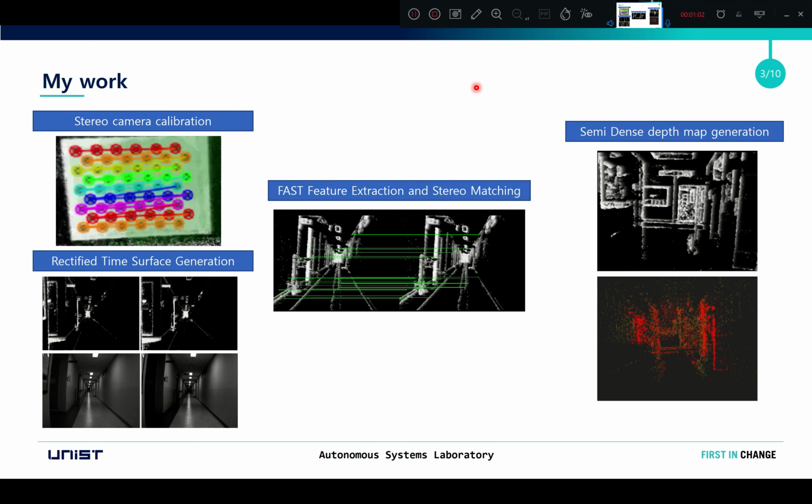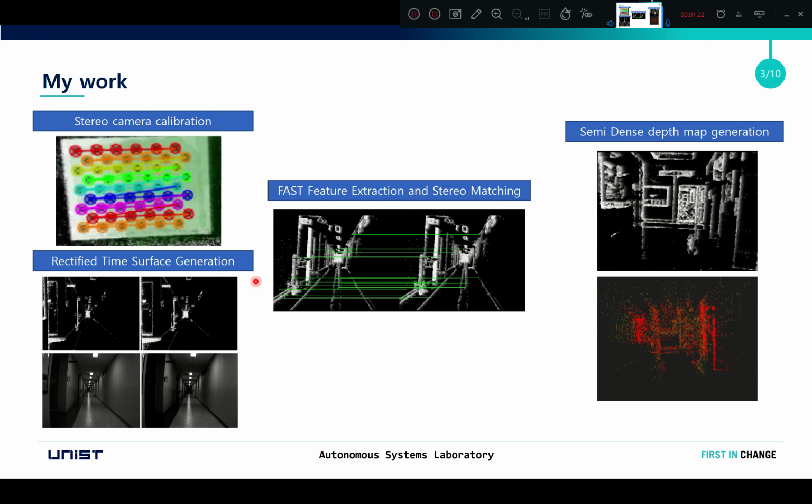For this project, I did stereo camera calibration and rectified time series generation. Events are really sparse and tricky to handle, so the idea of converting events to an image is often used, and a time series is one kind of image.